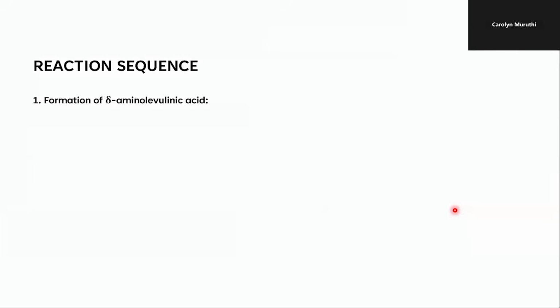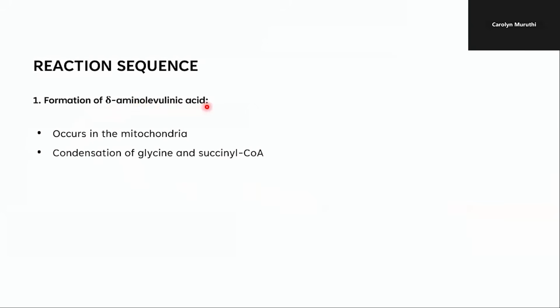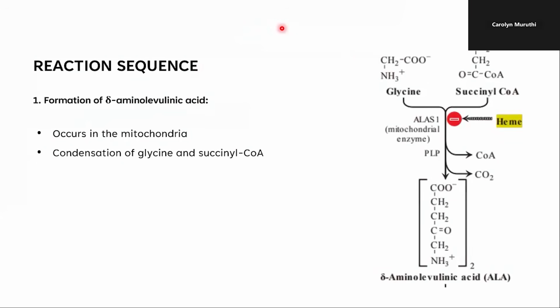Let's now walk through the pathway step by step from the very first condensation reaction all the way to the final formation of heme. In step number 1, we have formation of delta aminolevulinic acid. And this occurs in the mitochondria, and it involves a condensation reaction of glycine, a simple amino acid, and succinyl-CoA, a Krebs cycle intermediate, and the reaction is catalyzed by delta aminolevulinic acid synthase.